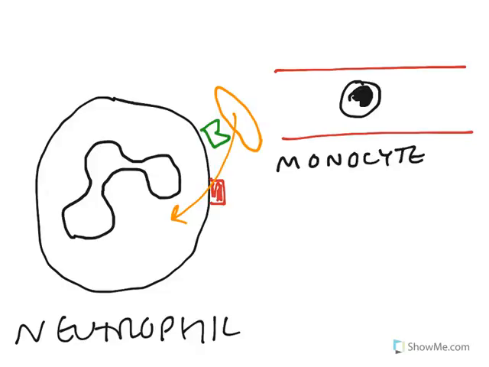Now, monocytes are able to leave the circulation, so they're able to cross blood vessel walls and reside within various body tissues.